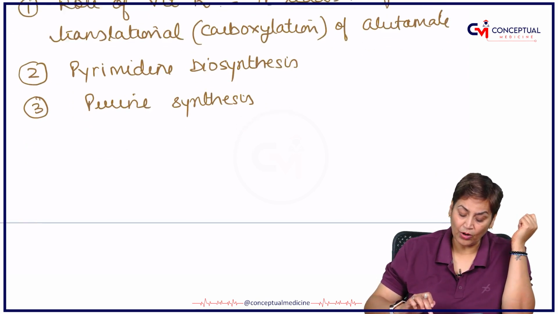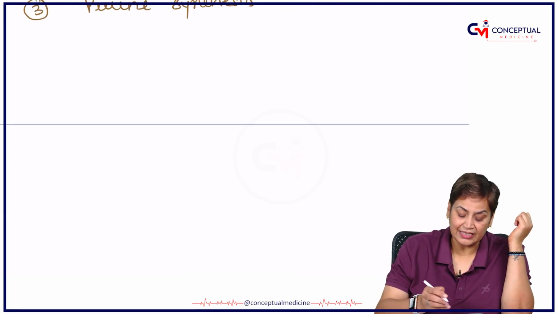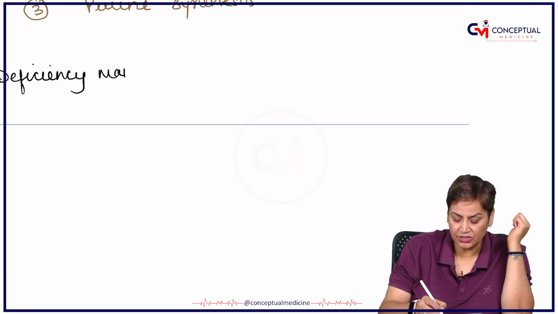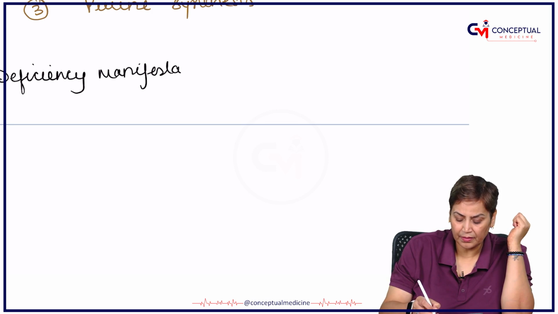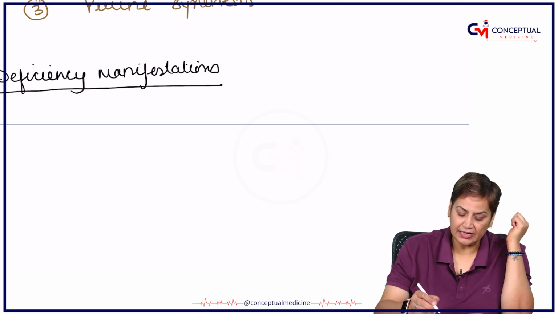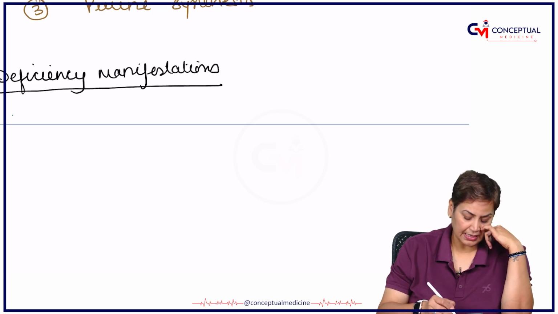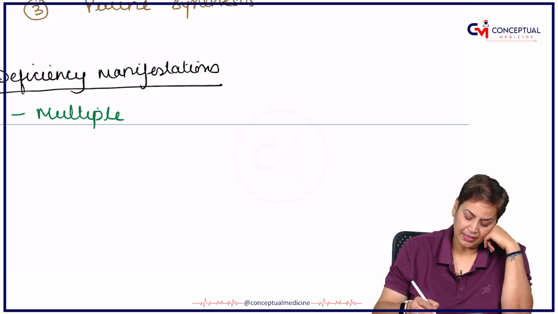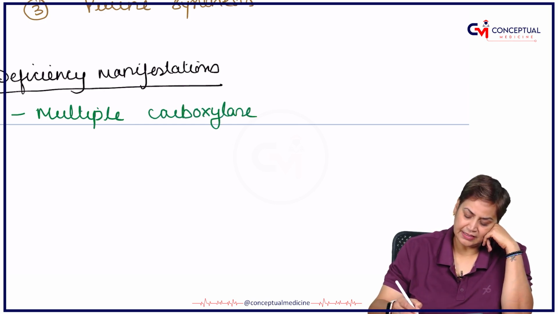Then comes what are the deficiency manifestations of this vitamin. So deficiency manifestations will lead to multiple carboxylase defect.